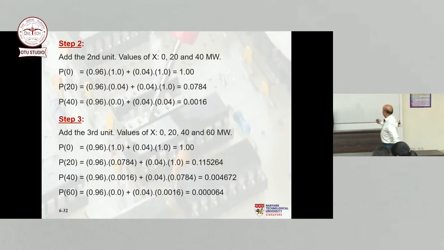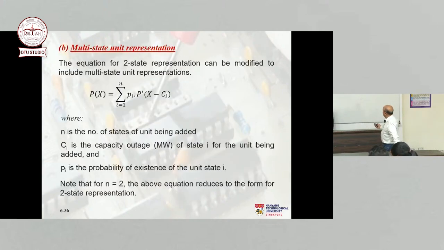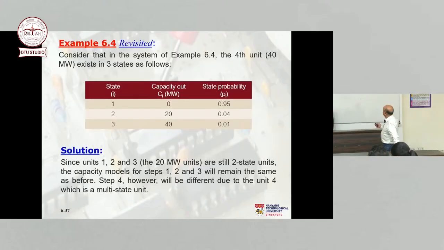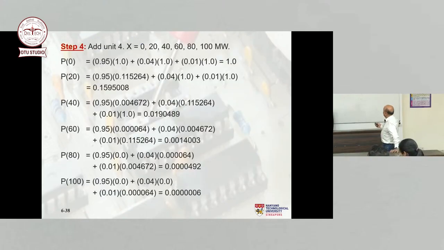P20 is PI times P prime of X minus CI, right?